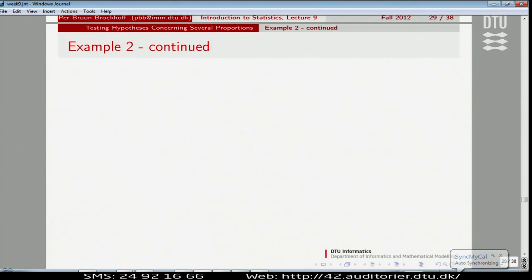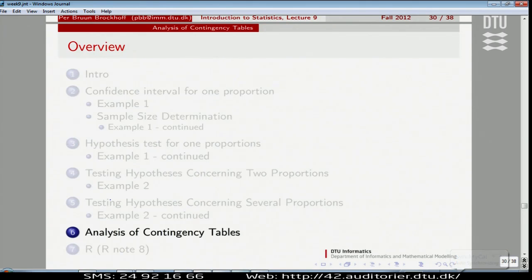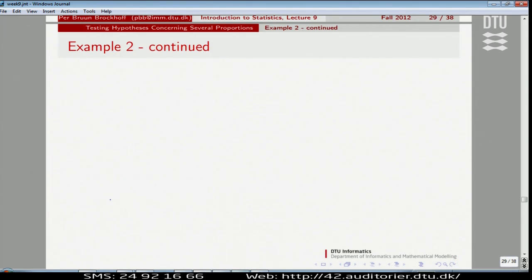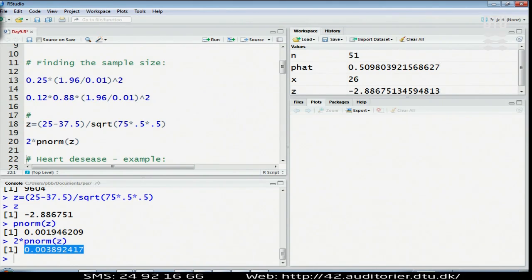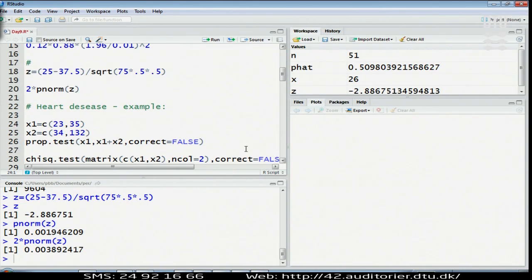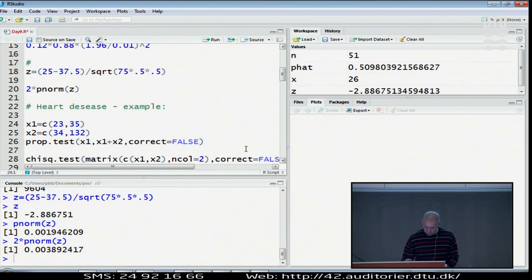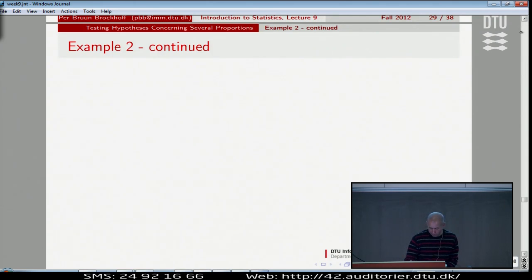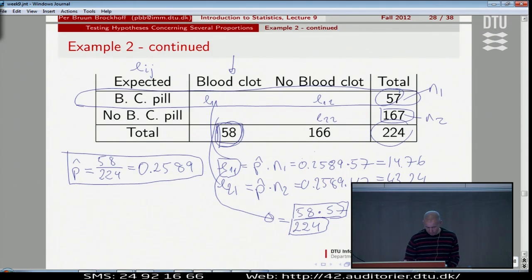Let's see what happens here. Let's see what the result will be. I'm not going to continue completely by hand, or maybe should I just do a little?